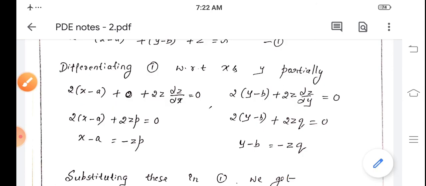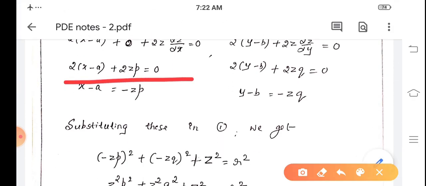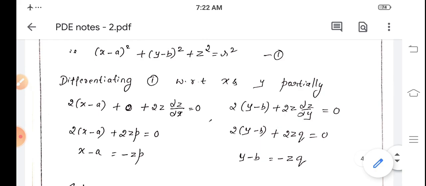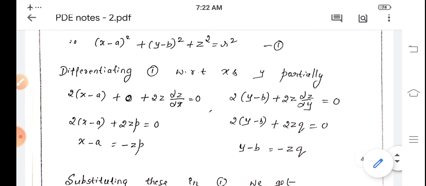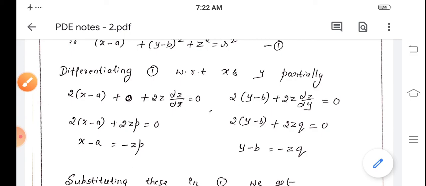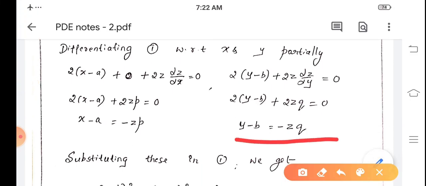Then plus 2z into dou z by dou x equal to 0, or 2 into x minus a plus 2zp is equal to 0, or we can write x minus a is equal to minus zp. Similarly, differentiating equation 1 partially with respect to y, we obtain 2 into y minus b plus 2z into dou z by dou y is 0, or 2 into y minus b plus 2zq equal to 0, then y minus b is minus zq.